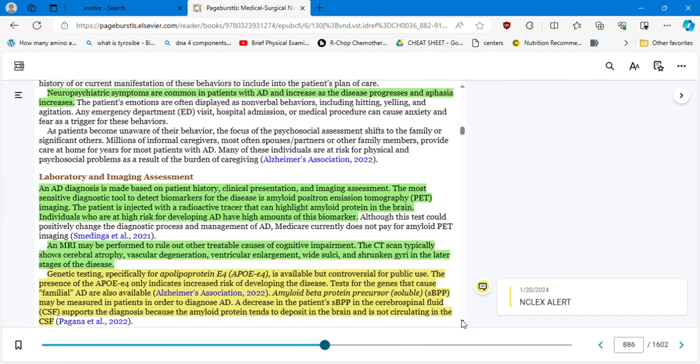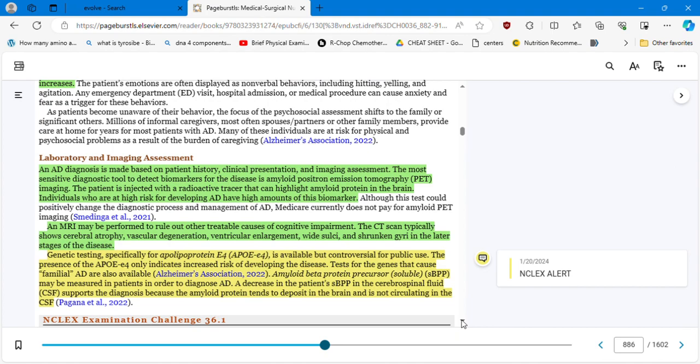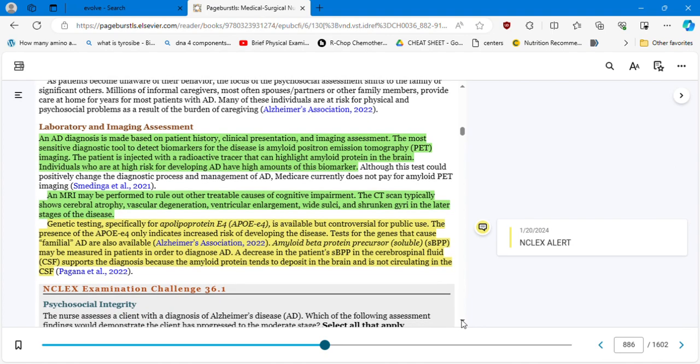So we are going to right now go into the laboratory and imaging assessment. We first take the patient history, clinical presentation, and based on that, the provider is going to suggest the type of imaging. The most sensitive diagnostic tool to detect biomarkers for the disease is the amyloid positron emission tomography, the PET imaging.